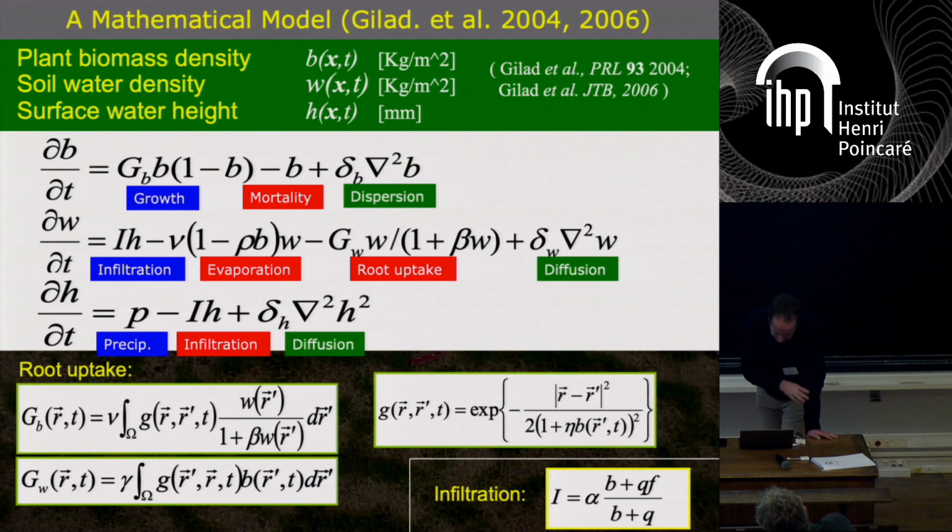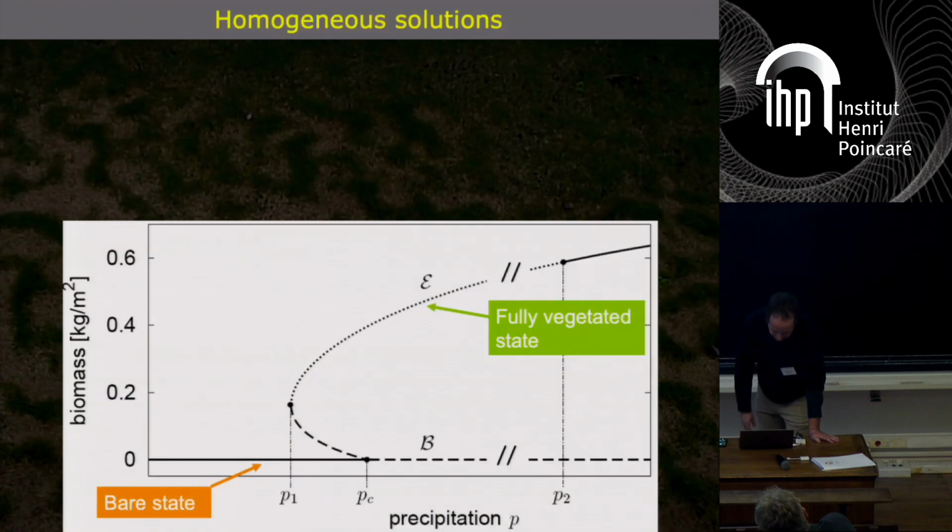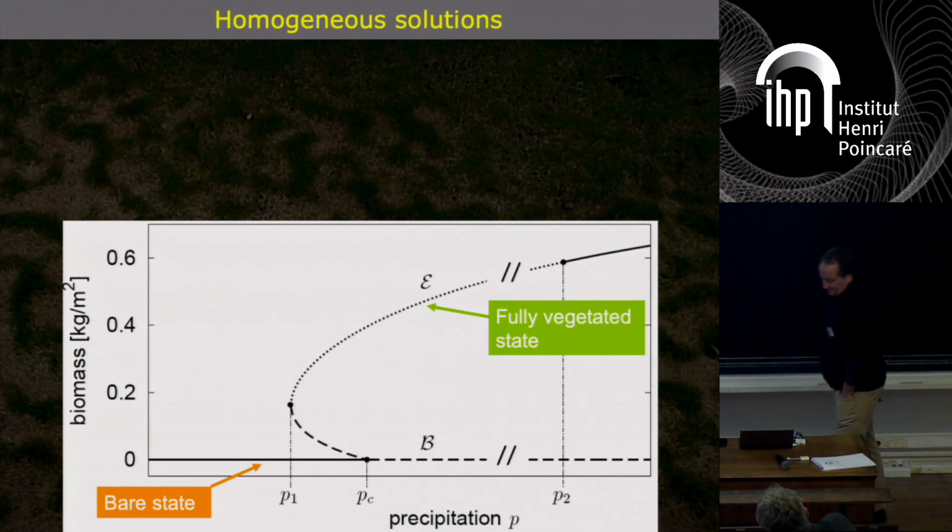Anyway, in this system you have all the elements to start studying all the different feedbacks at work. To proceed, if we just look at the stationary and uniform solutions, we discover a phase diagram like this, as a function of precipitation.